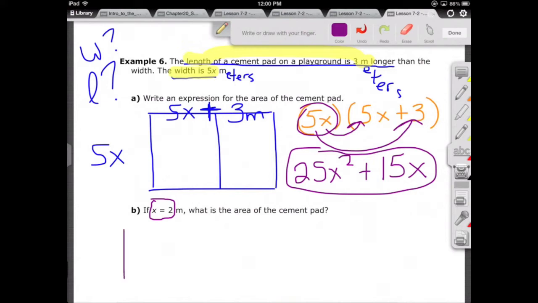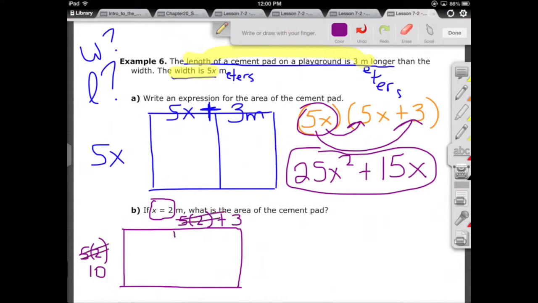It's actually a good instance to see, did this or will this work out? 5x is like 5 times 2, and 5, now that x is known to be 2, we can do a little bit of math and say, well, that 5 times 2, that side is 10, and that side is 13, which is good for 130 meters squared. Pretty big pad.